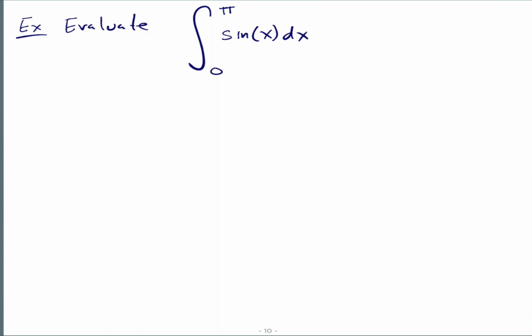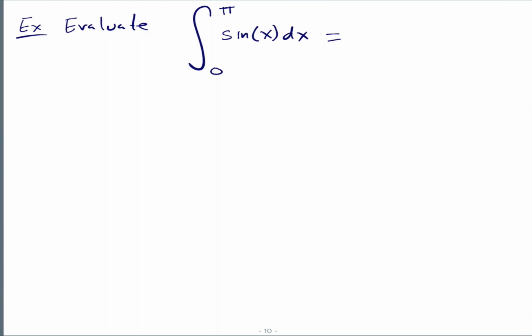What about, for example, something that you can't do with the sum? So like let's say the integral from 0 to pi of sine of x. Could we have done this using the sum formula stuff?